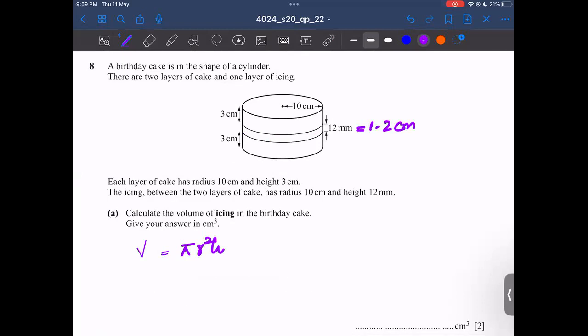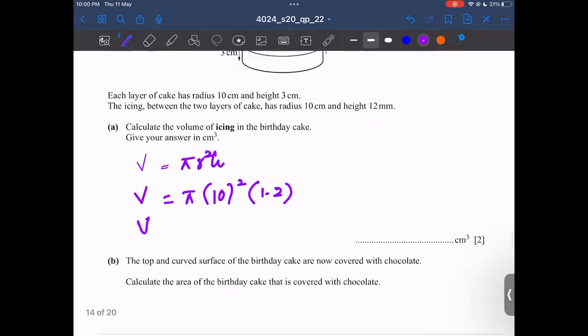So the volume is pi multiplied by r, which is 10 centimeter, square, height is 1.2 centimeter. I'm going to put the values in the calculator. Pi into 100 into 1.2, I get 376.99. And to 3 significant figures, it is 377.